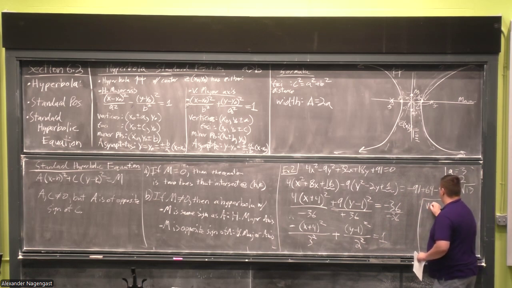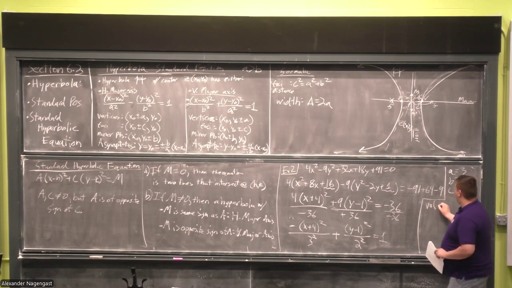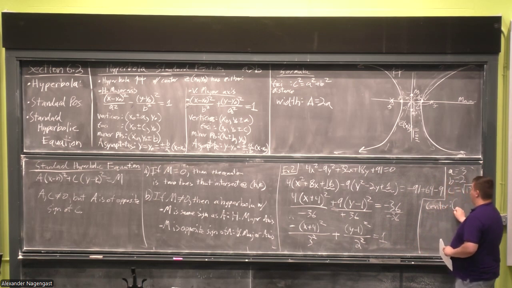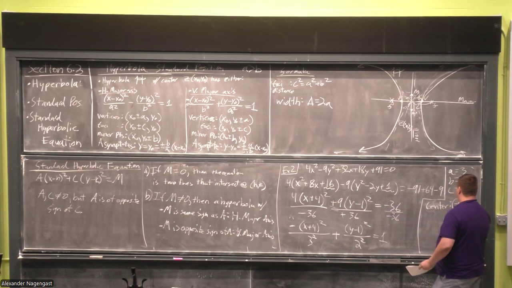Our vertices, which I'm just going to write as v. We're going to have x naught, which I should include first. So let's do our center. It is our x naught, which is negative 4, our y naught, which is 1.